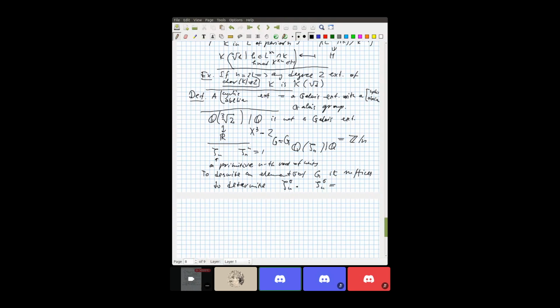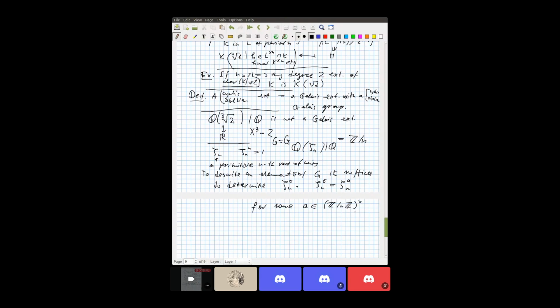It should be another primitive nth root of unity. All primitive roots are powers of each other, so it is a power with exponent a, for some residue a modulo n, but there is one condition: this residue should be invertible.